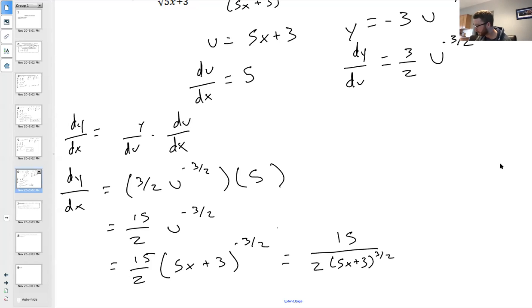So in this case, we can rewrite this. So this would be okay right here. But we could be better. So we'll say 15 over 2 multiplied by the square root of 5x plus 3 to the exponent 3.